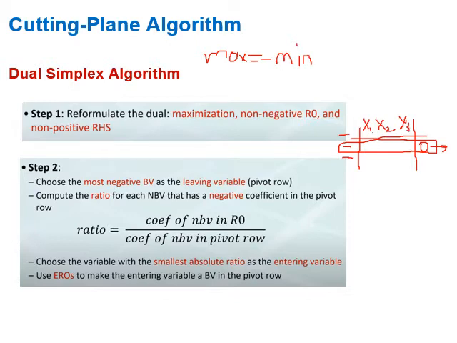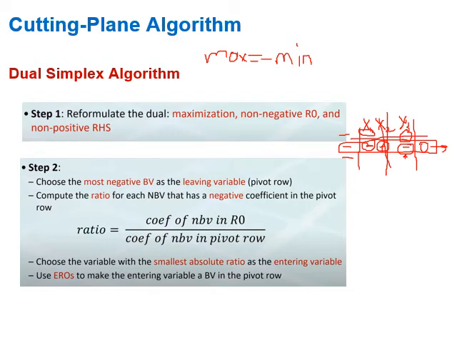We take the ratio of x1 in row 0 divided by its coefficient in the pivot row, but only if this is negative. For example, if this value here is positive, we don't consider it in the ratio test. Again, if this is negative, then we take the ratio of x3 in row 0 to this value. Basically the ratio is the coefficient of the non-basic variable in row 0, of course it should be non-basic, to the coefficient of that non-basic variable in the pivot row.